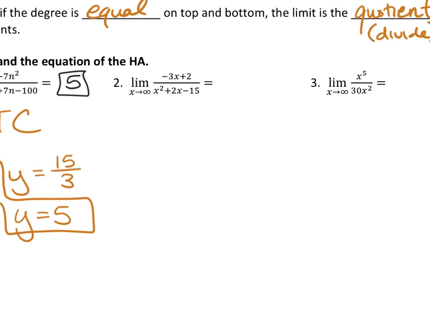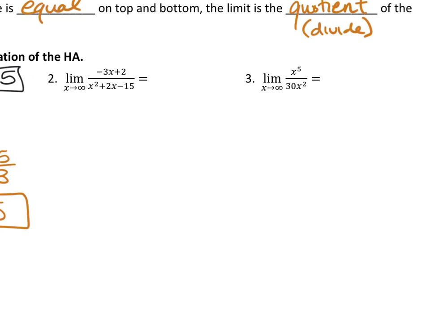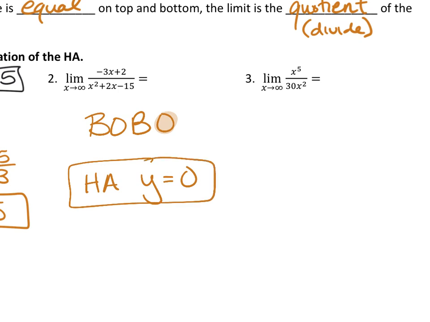In number 2, is that a BOBO, BOTN, or BETSY? It is bigger on the bottom, which means, what is the equation for my horizontal asymptote? Ooh. 0. BOBO's the 0 one, which also means that the limit is 0.